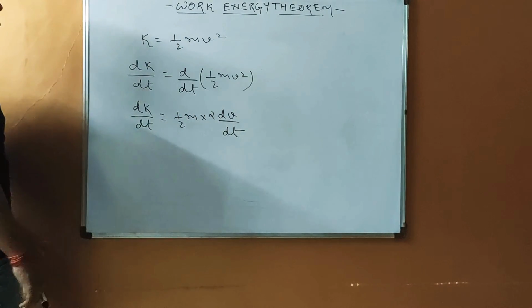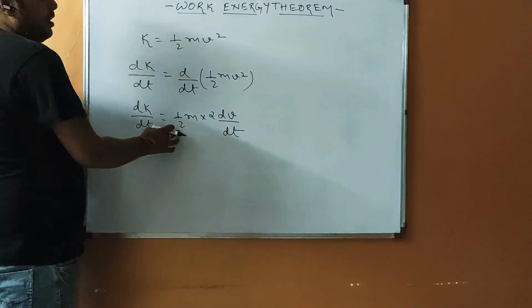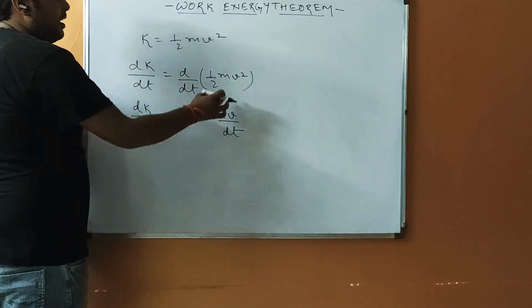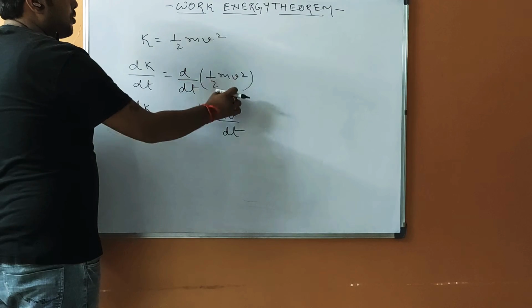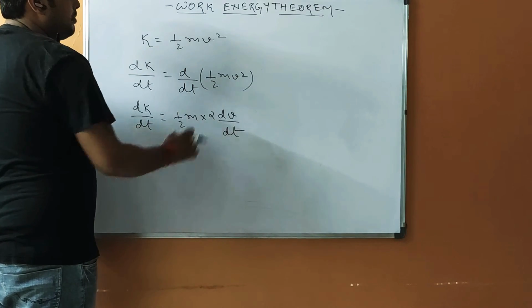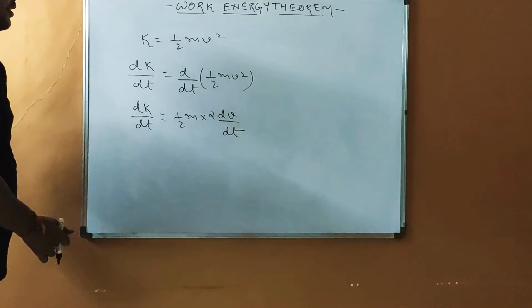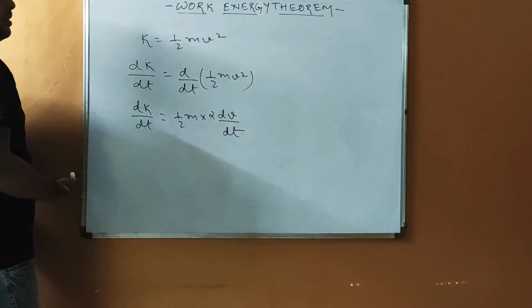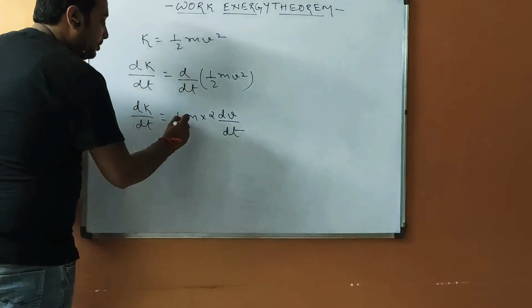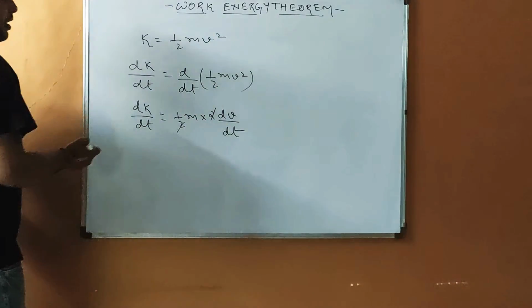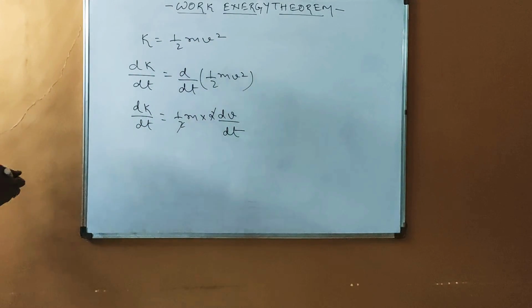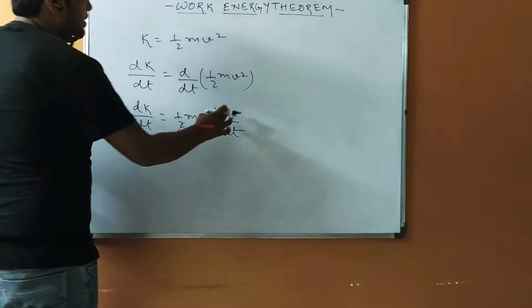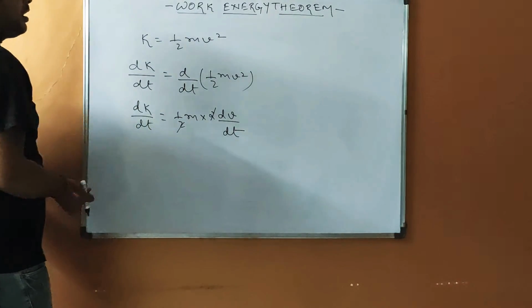We can write it like this. Half is constant outside, and the differentiation of v square should be 2 into dv by dt. Understood till here? Good. Now what can we write in place of dv by dt, if you remember?